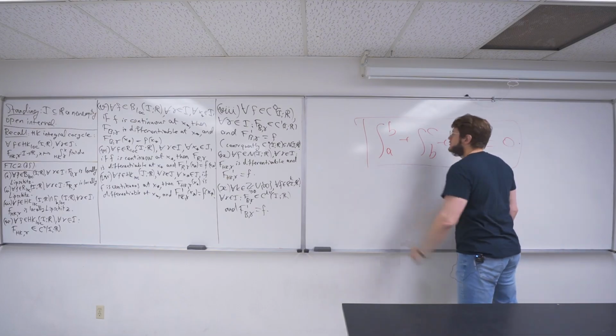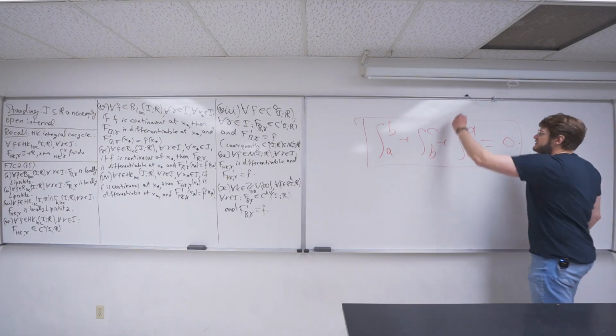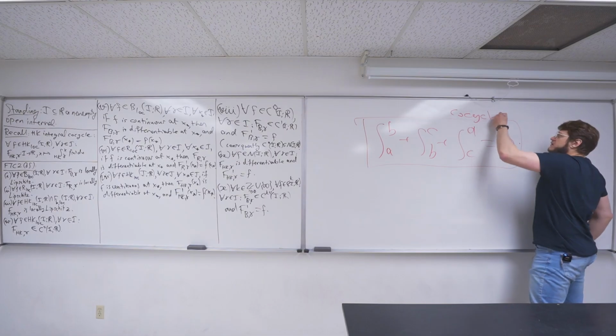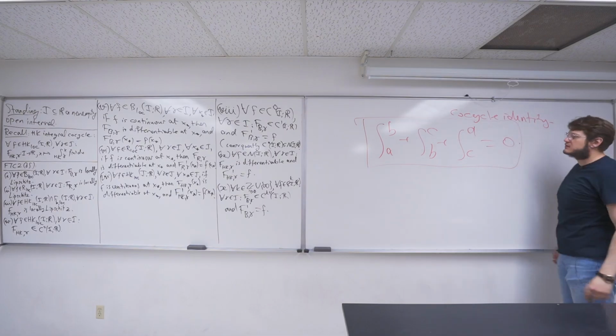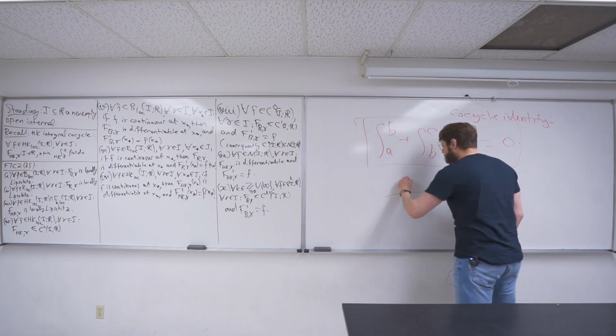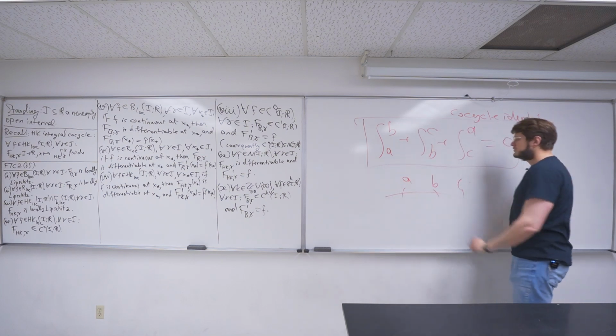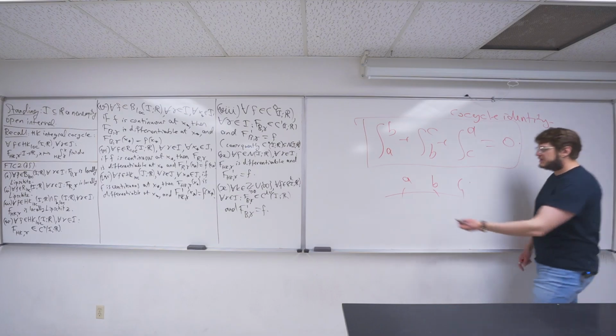Okay. The point here is that this is the cocycle identity. So here you have 3 points, A, B, C, like this maybe. And so a cycle is something like this.